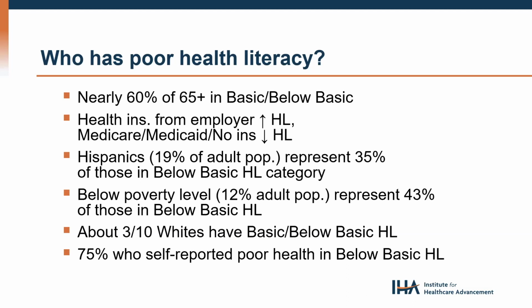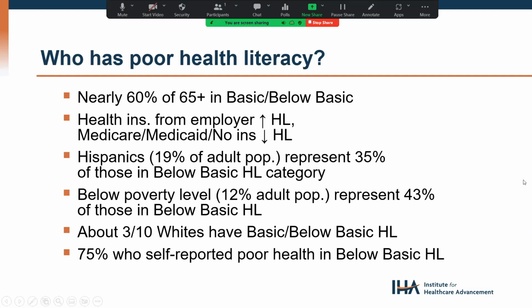So with that distinction, you can't just look at our first statistic here. Nearly 60% of those 65 years of age or older fall into the basic or below basic category. Doesn't mean anybody over 65 has poor health literacy. It means that there is a greater likelihood that those who are 65 years of age and older, okay?